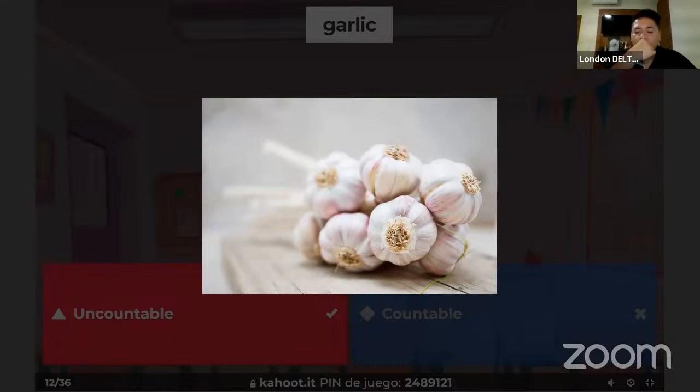Why is not? Well, because the word garlic is also not only a vegetable, no solo lo vemos en la versión de vegetal, sino en la versión como un producto sazonador, right? So, if we are very formal, we could say that it's uncountable. I would say that it's countable too. El ajo es contable.